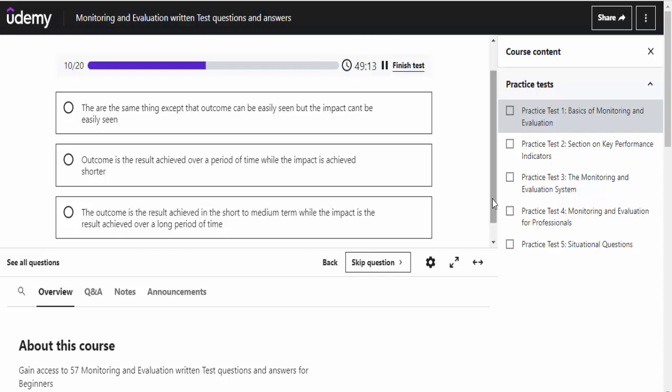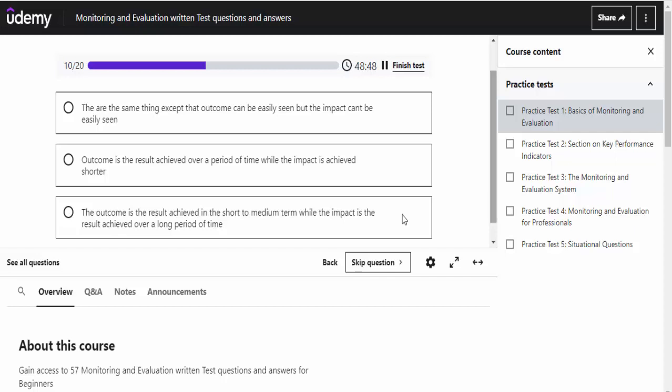Outcome is the result achieved over a period of time while the impact is achieved shorter. No, this one is totally wrong, and you can see already that it's not explaining anything. It's neither here nor there. The next one: the outcome is the result achieved in the short to medium term while the impact is the results achieved over a long period of time.